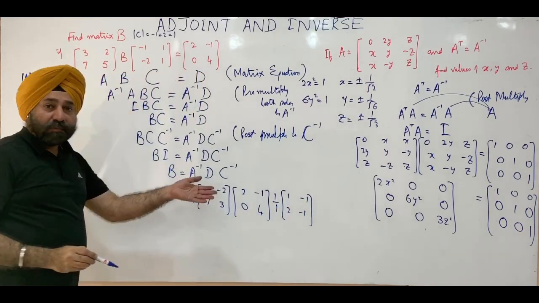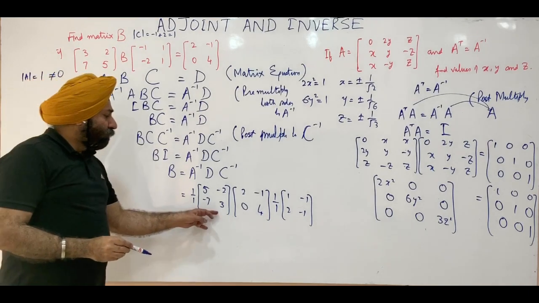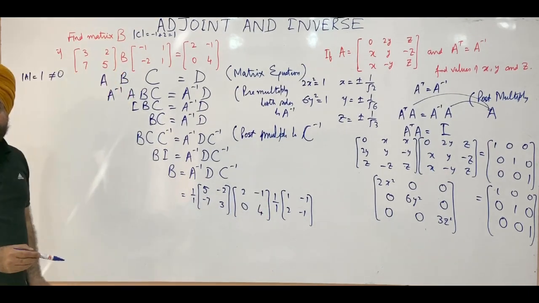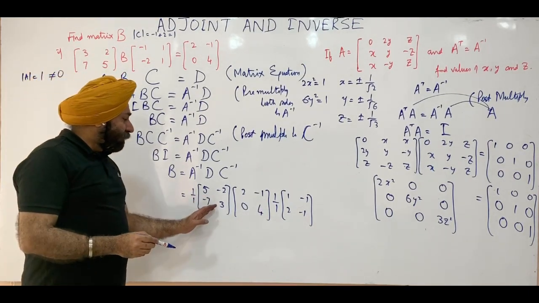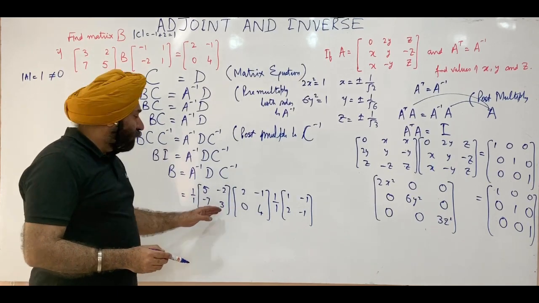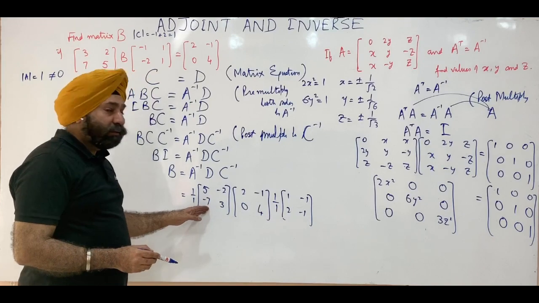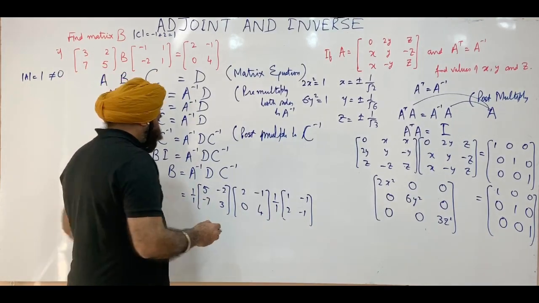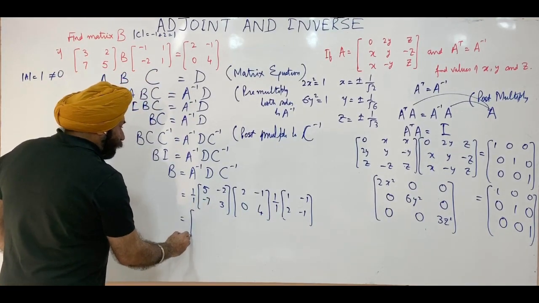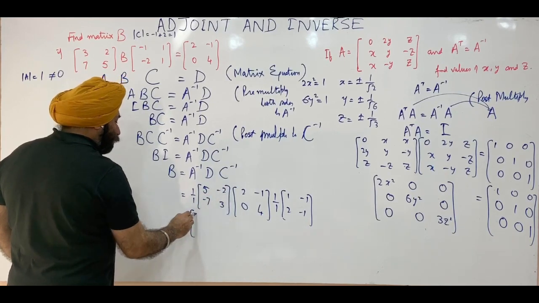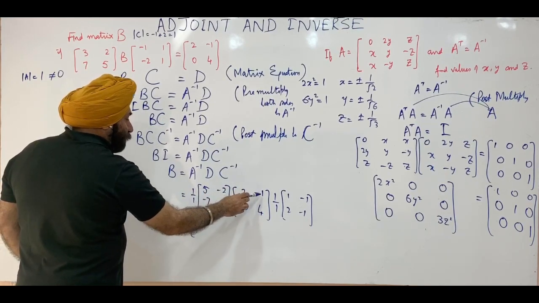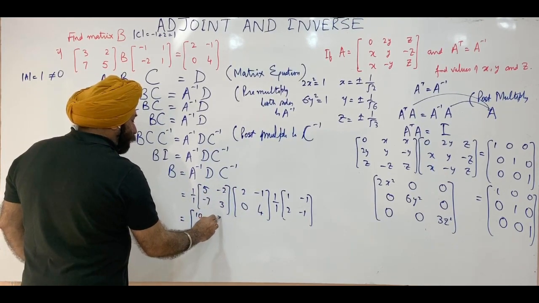So now we can multiply. We know matrix multiplication is associative. That means we can multiply this with this and the resultant by this, or we can first multiply these two and then multiply this. So this is 5 into 2, 10. This is minus 5 minus 8.